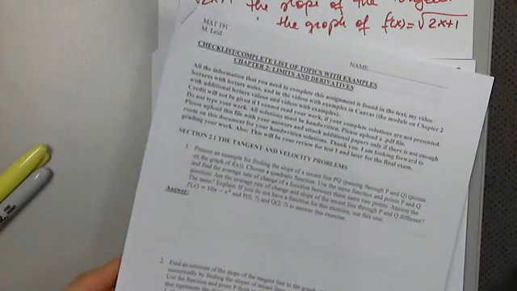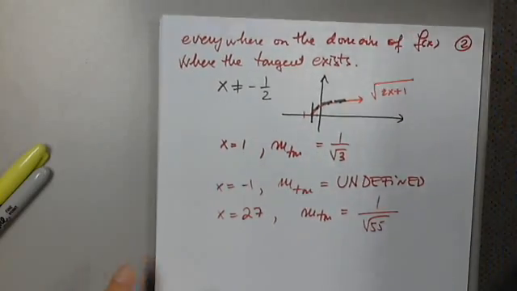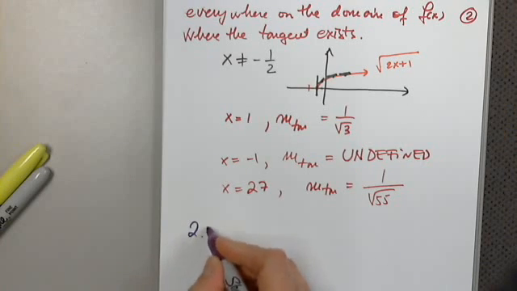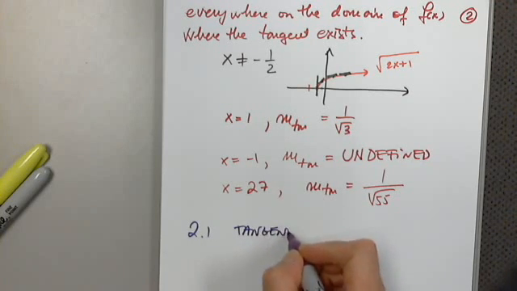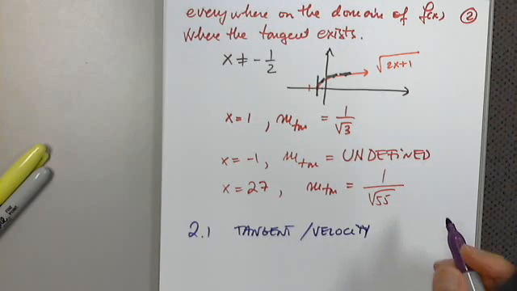So let's start with 2.1, which is tangent and velocity problems. Anytime you have a question, please don't wait, please ask.